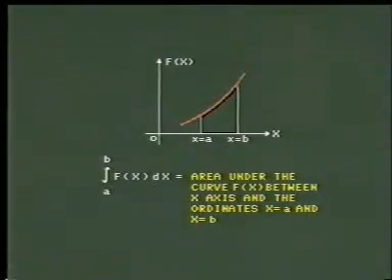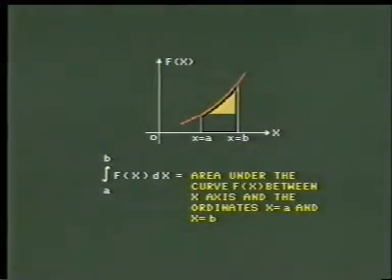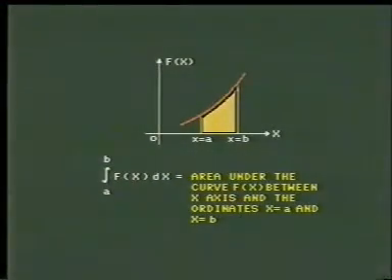In general, we can say that integral of f(x) dx, x varies from a to b, is equal to the area under the curve f(x) between x-axis and the ordinates x is equal to a and x is equal to b. Thus we see that integration is the reverse process of differentiation, and graphically it represents the area under a curve.